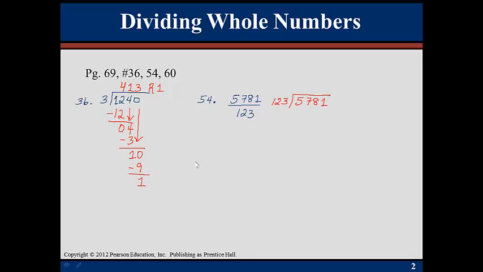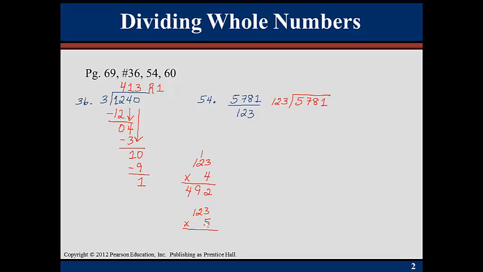So off to the side, our scratch work. So let's start by looking at 123 times 4. And we get 3 times 4, which is 12. Carry our 1, and then 4 times 2, 8, plus 1 is 9. And 4 times 1 is 4. So we get 492. That keeps us within 578. Let's also see what's 123 times 5.